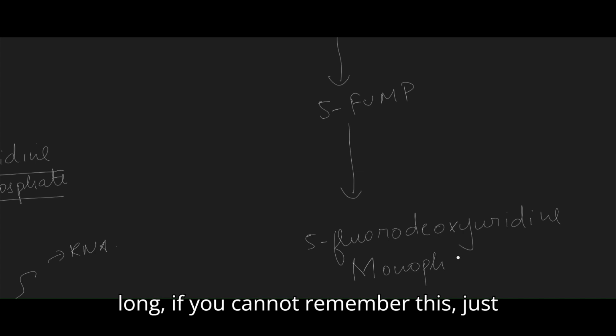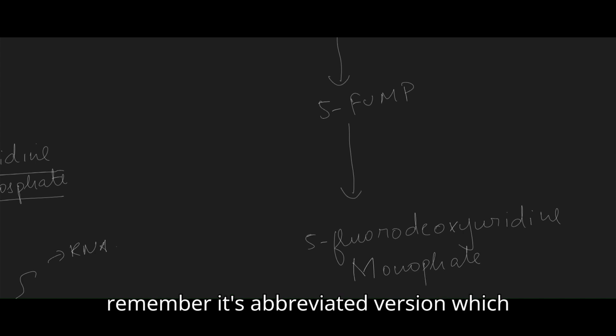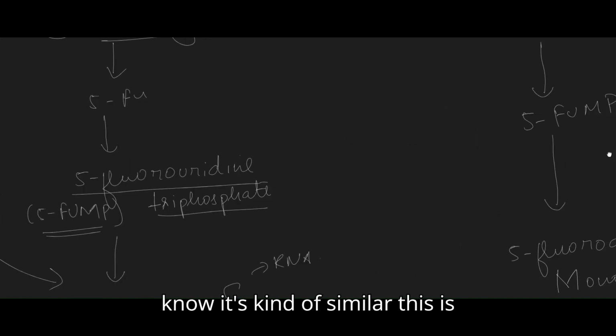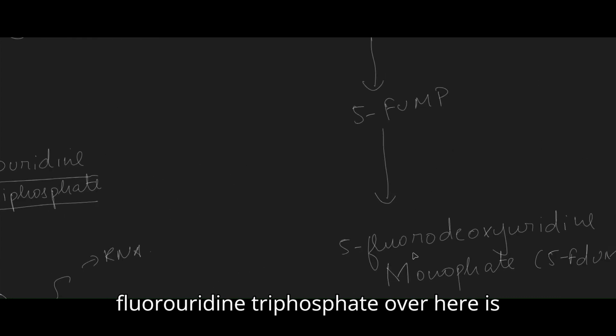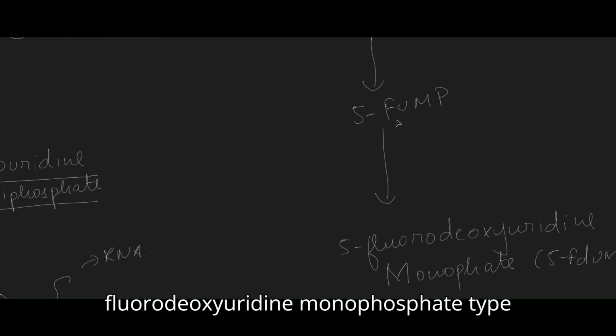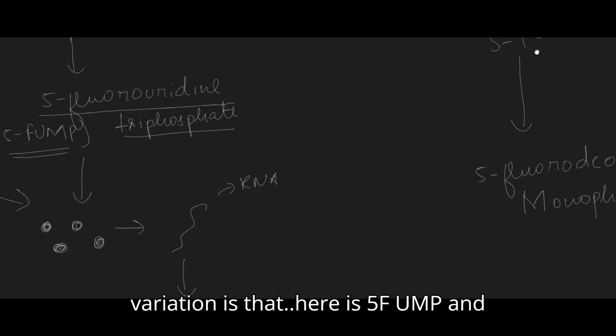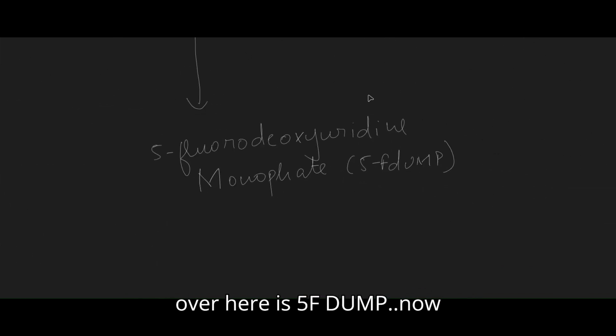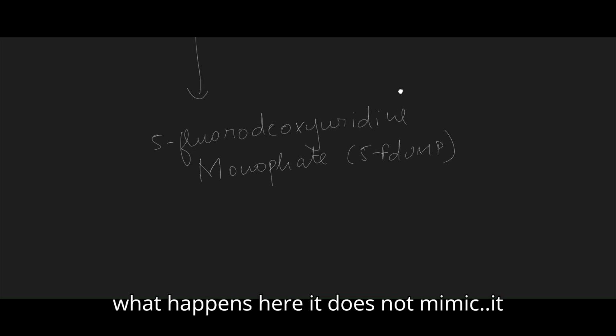If you cannot remember this, just remember its abbreviated version, which is 5-FDUMP. I mean, it's kind of similar. It's just that fluorouridine triphosphate, over here it's fluorodeoxyuridine monophosphate. Slight variation is there. Here it's 5-FUMP and over here it's 5-FDUMP.